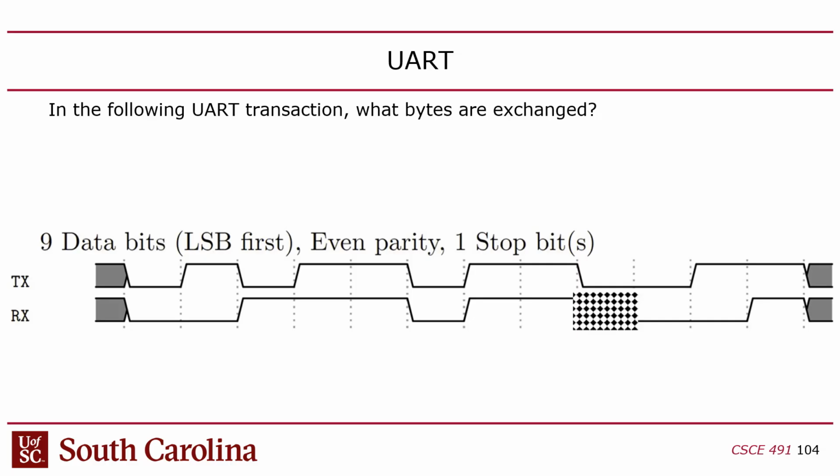Baud rate refers to the bit times, how long each bit is on the channel. But that's not the same as the throughput of the data because of the overhead required by the start, stop, and parity. So the throughput is the baud rate multiplied by 9, because 9 is the amount of data, divided by 12, which is the total size of each transaction.